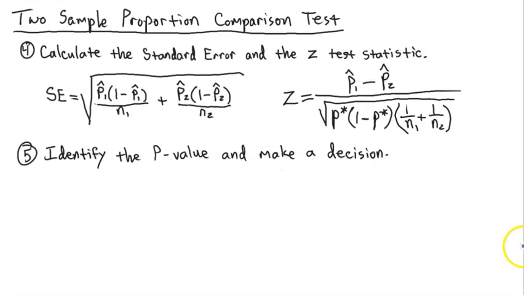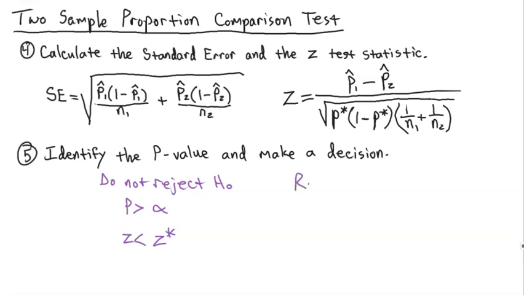And then we're going to make a decision, and you're either going to say do not reject H sub 0, and we're going to say that if p is greater than whatever alpha is, or if our z statistic that we get from here is less than our critical z value.